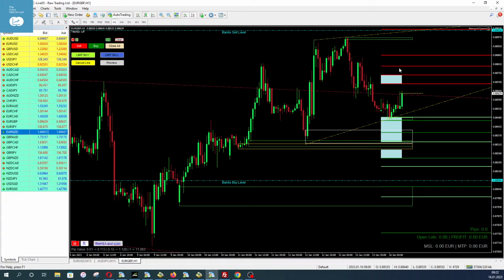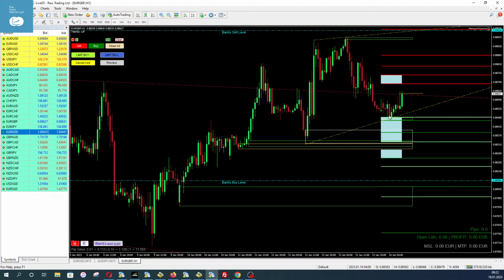All the other zones in between, where there is no trend line, like here for example, between this supply zone and this red line, there is no trend line, there is no order block, nothing. So we don't look for it. We wait for the candle to come to such zones, and then we wait for price action.